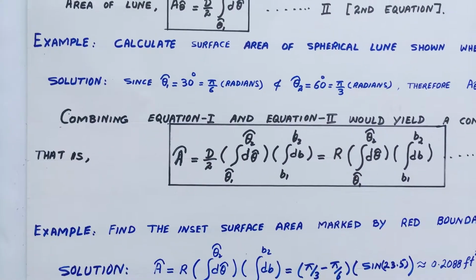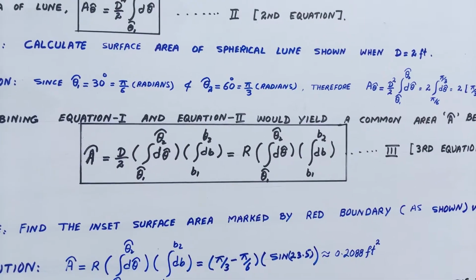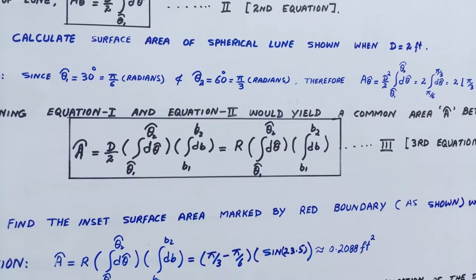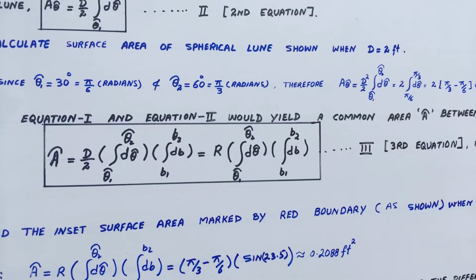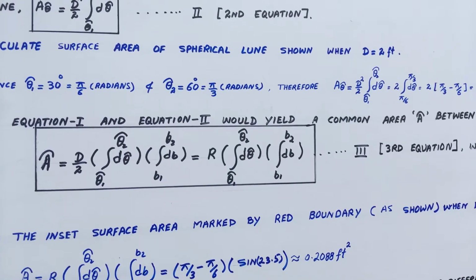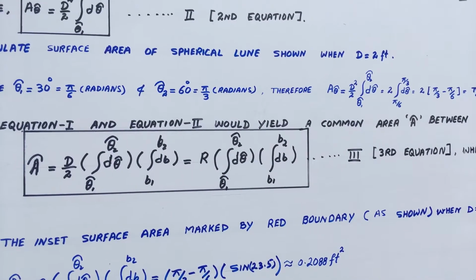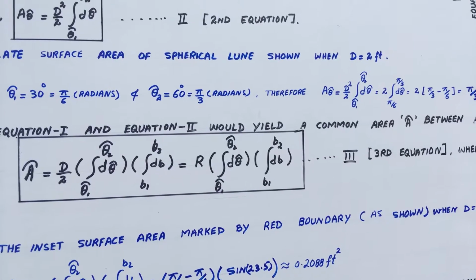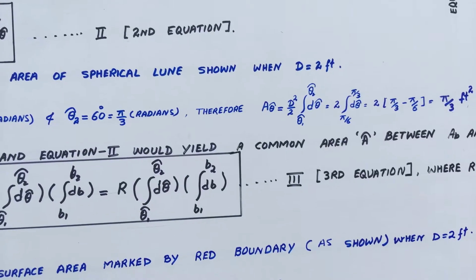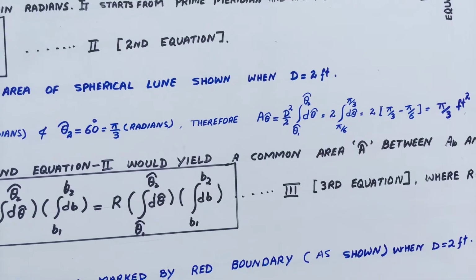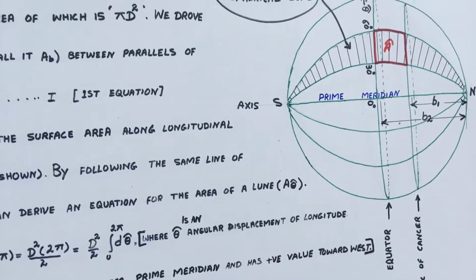So combining these two equations we get, since radius is equal to diameter by 2, this equation: Â equal to the integral of r times θ̂ from θ̂₁ lower limit to θ̂₂ upper limit, multiplied with another integral which is from b1 to b2, and this is that inset.